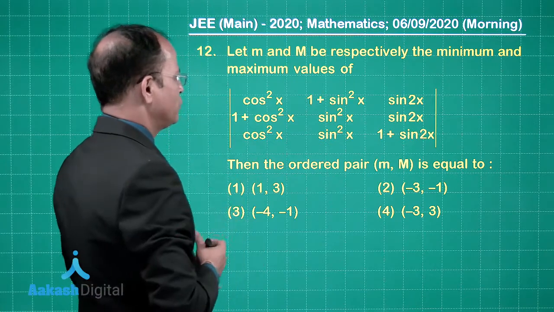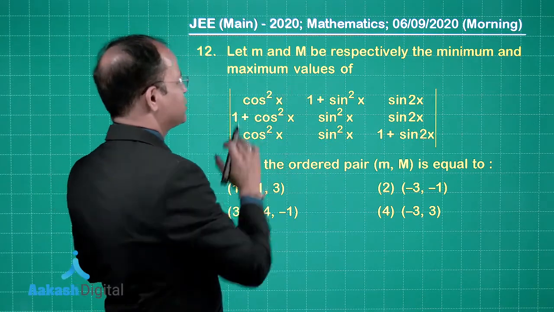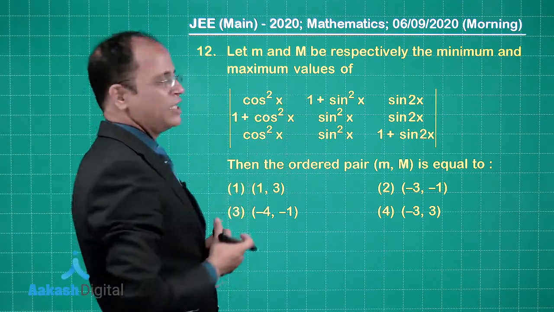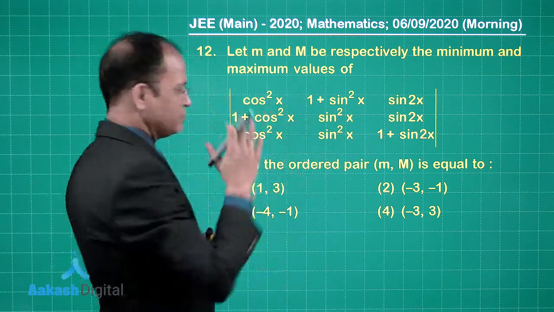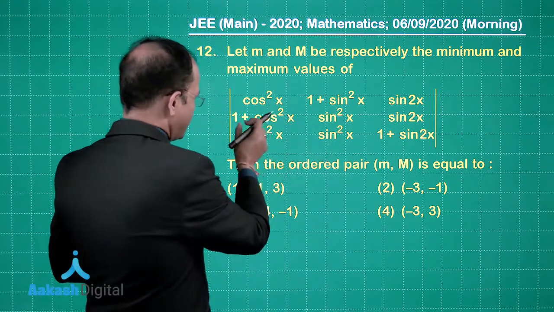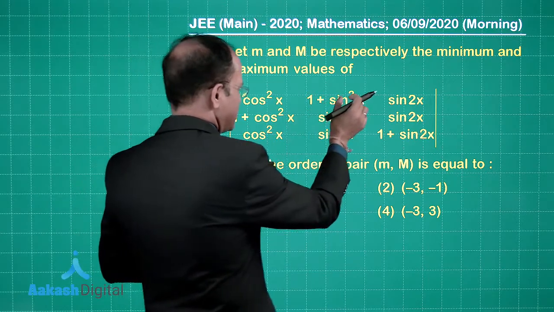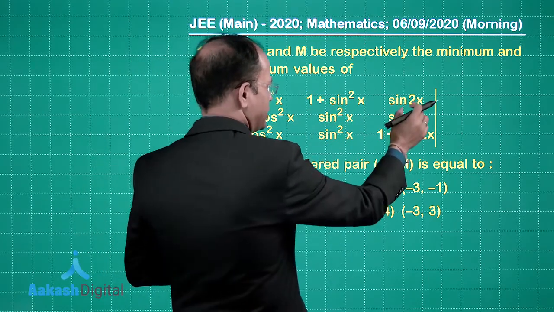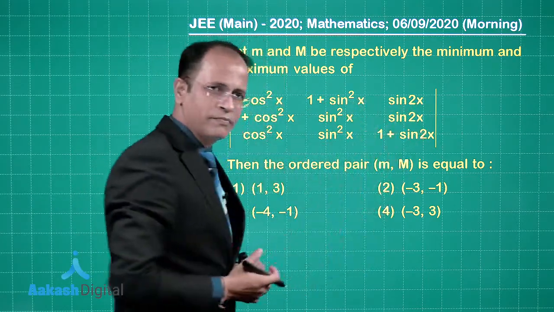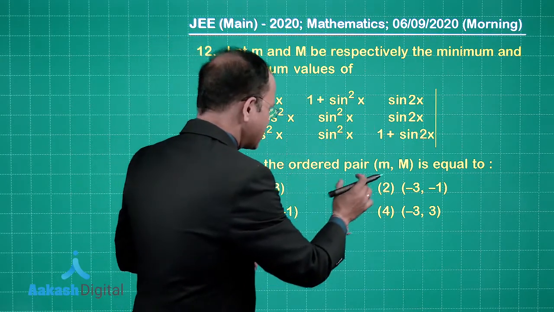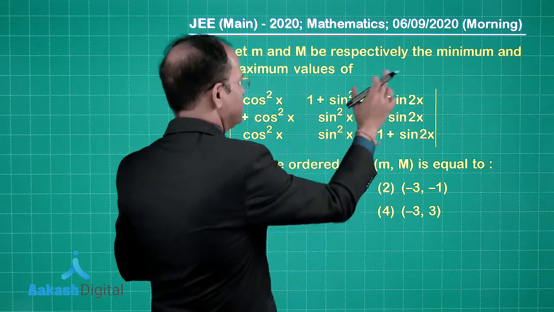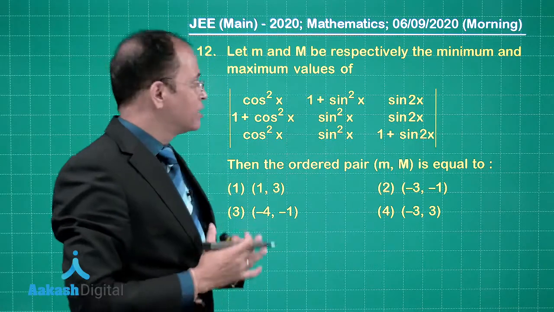Now let us discuss question number 12. We have been given m and M, respectively the minimum and the maximum values of this determinant we have. Now cos square x, 1 plus cos square x, 1 plus sin square x, sin square x, sin square x, then we have sin 2x, 1 plus sin 2x. Then the ordered pair m comma M. So small m is the minimum value and the capital M is the maximum value.